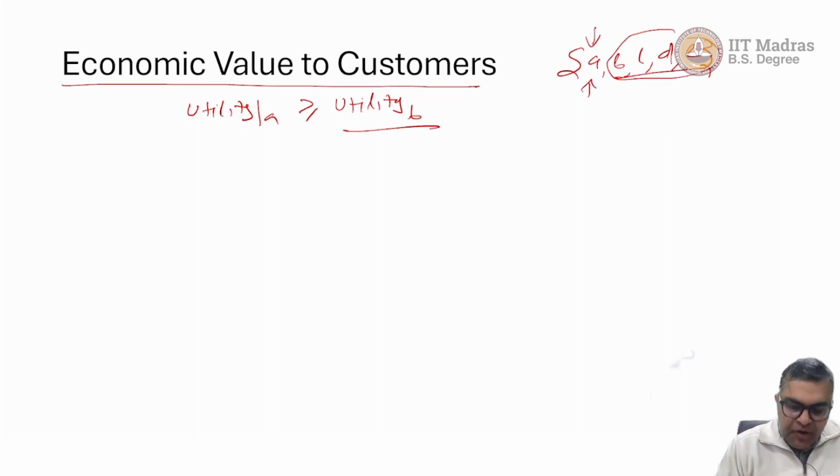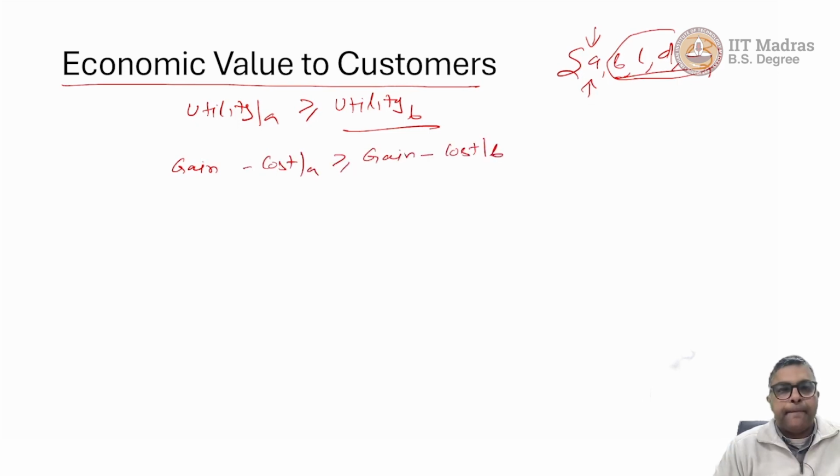So utility from A, as we have discussed in the past, depends on gain minus cost from A, which should be greater than or equal to gain minus cost from B. Or we can say this cost is what? We are talking about basically price.